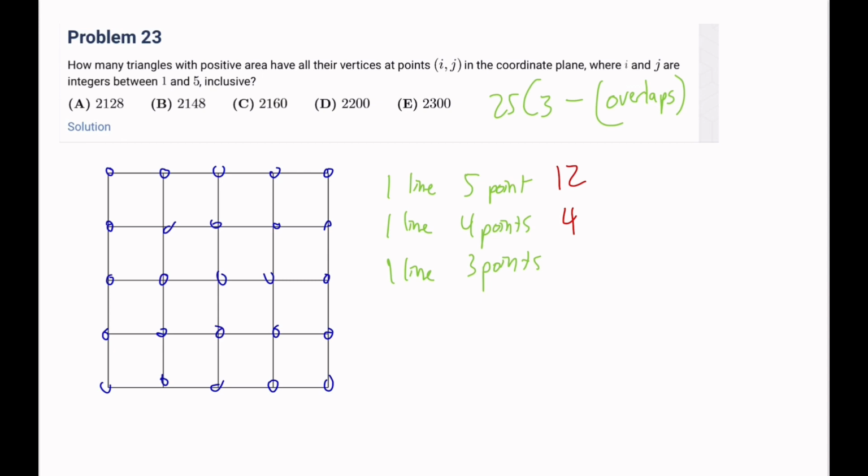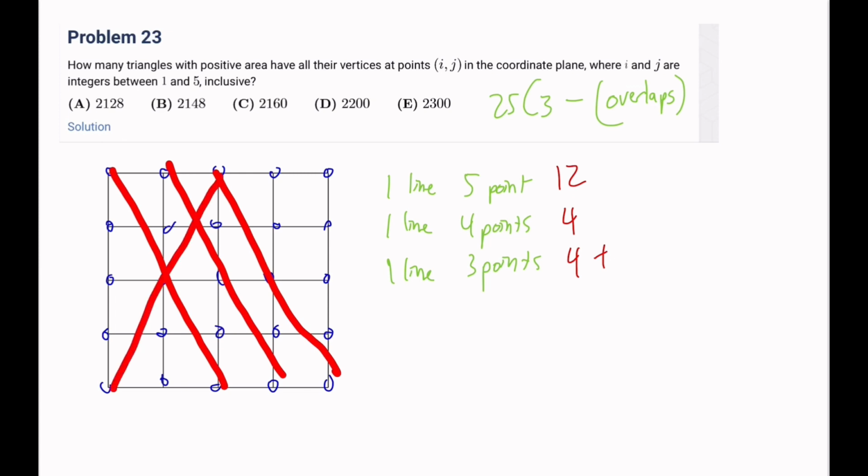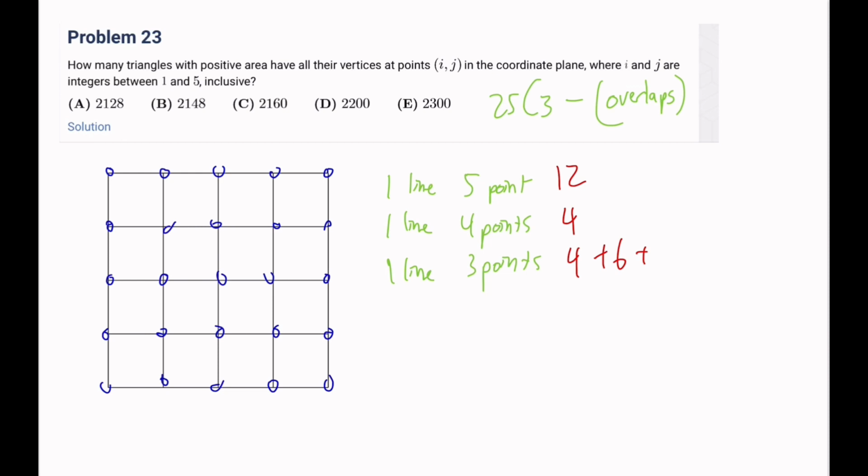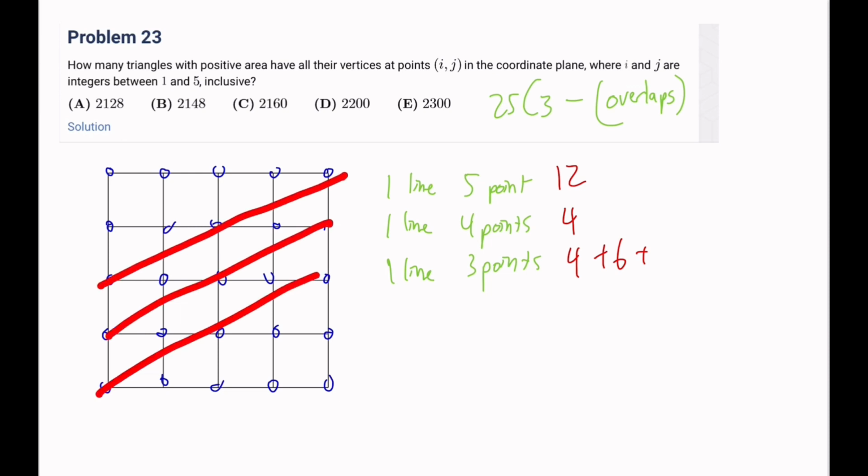And for the 3 points, there's this one, this one, this one, this one, so that's 4. Plus the ones that I talked about before, these ones, 1, 2, 3, 4, 5, 6, so that's another 6, and then we can have the other way around, like this, 2, 3, 4, 5, 6, right?